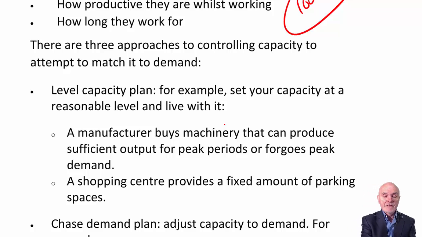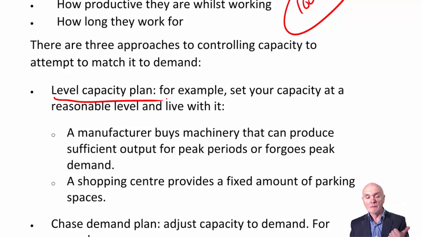Basically, you can have a level capacity plan. You say, right, I will buy one machine, one person working 8 hours a day, 5 days a week, and this will allow them to produce 1,000 units a week. And I'm just going to produce 1,000 units a week and live with that. If I get an order in a week for 1,200, I'll say, well, I can only deliver 1,000.